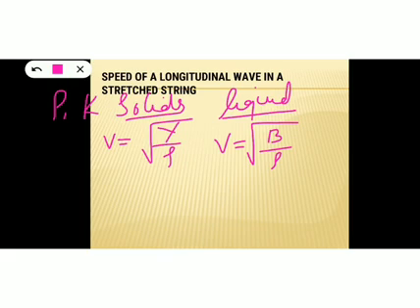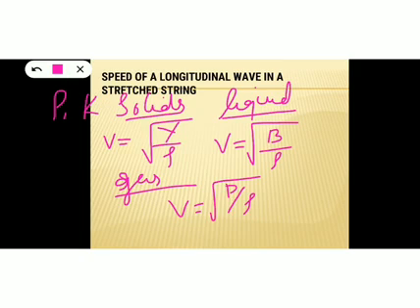And if the sound wave is traveling in a gas, that is the last medium, then velocity v is equal to square root of P by rho, where P is the pressure and rho is the density of the medium. This formula is known as Newton's formula.